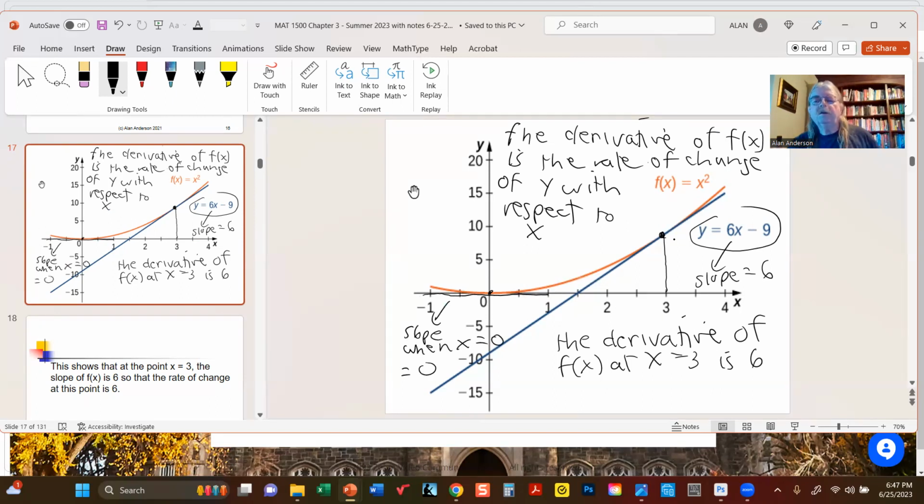Okay, so when you have a nonlinear function like this, x squared, the derivative will depend on what value of x we're looking at. For a straight line, the slope is the same throughout, so the derivative never changes. And we'll see examples of that. But for any other type of function where there's some curvature involved, the derivative will be different at every value of x.